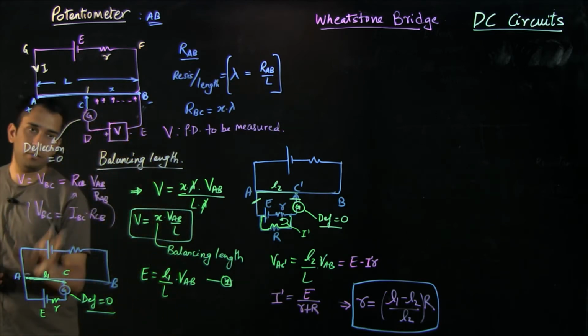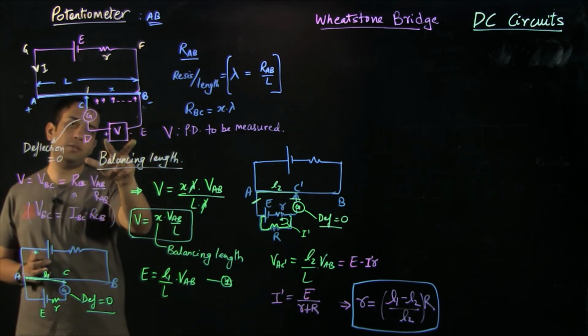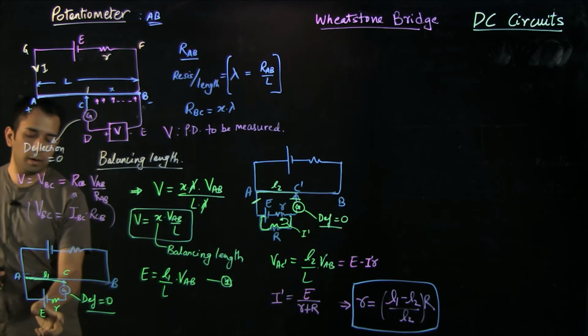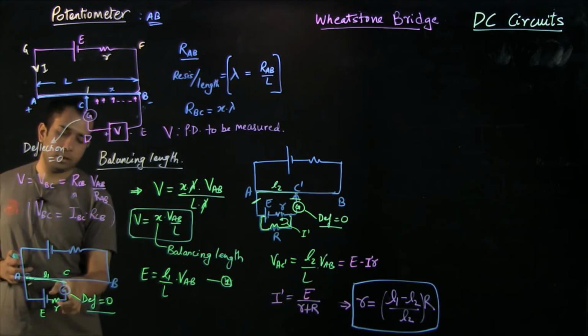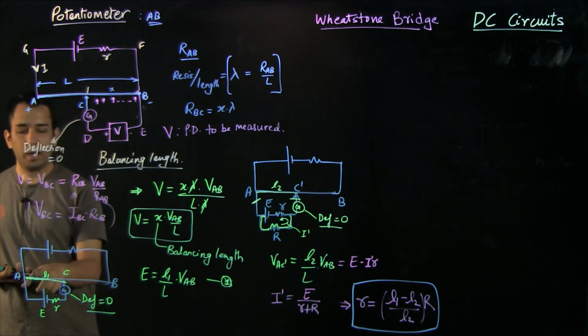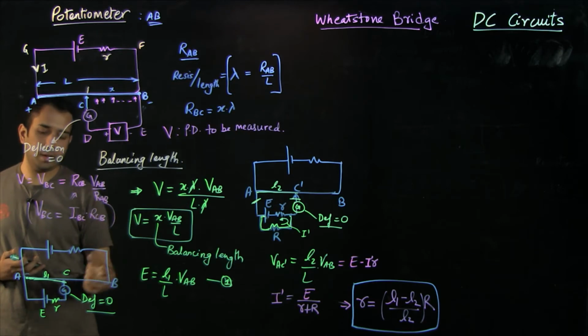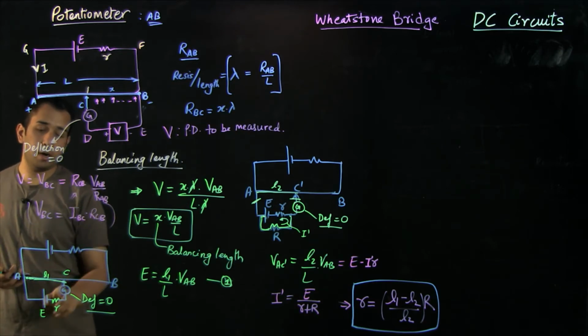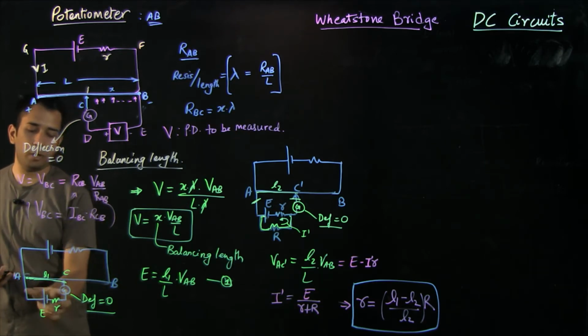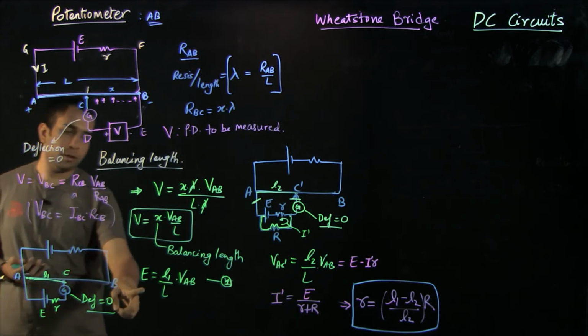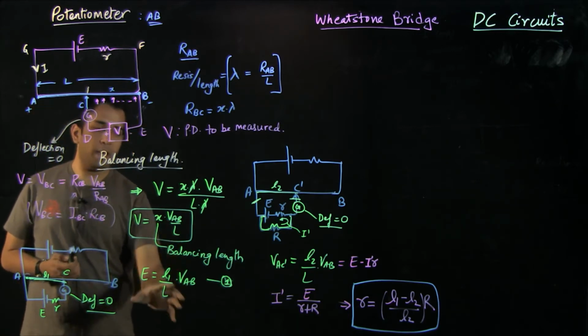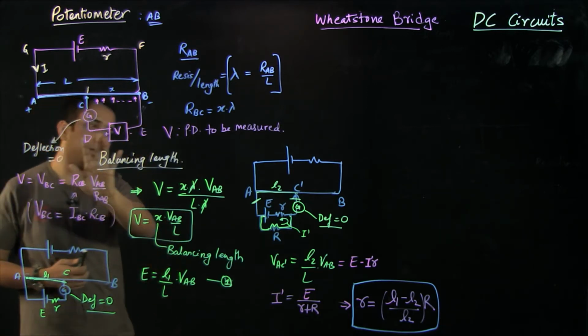So what we did was the exact same thing, but instead of this black box, now we are applying our cell. Again, the deflection comes out to be 0 at the galvanometer at a certain L1, which is the balancing length. That means there is no current flowing through R, so the net potential difference across AC is E. And now we are able to apply the same formula which we discussed for a simpler case.